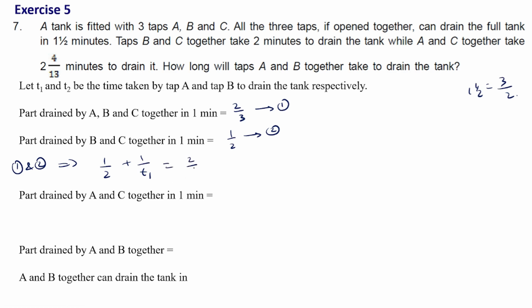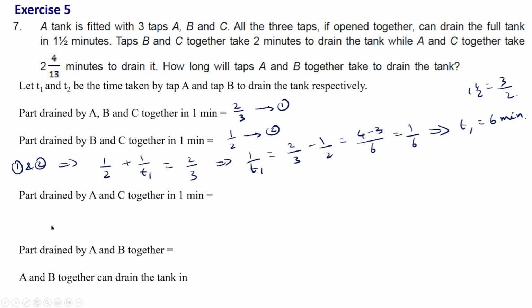This is equal to 2/3. So from this we find 1/T1 as 2/3 minus half. It is (4 minus 3)/6, which is 1/6. So we get 1/T1 equal to 1/6, so T1 will be equal to 6. T1 equals 6 minutes. So we found the time taken by tap A to drain the tank.